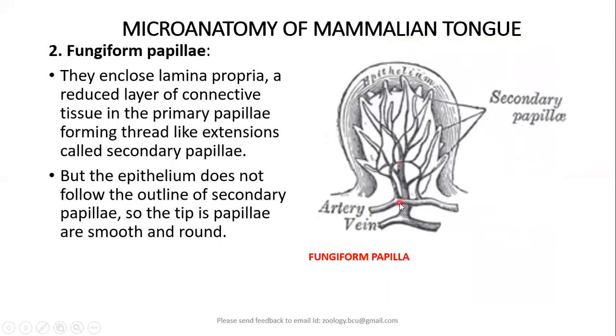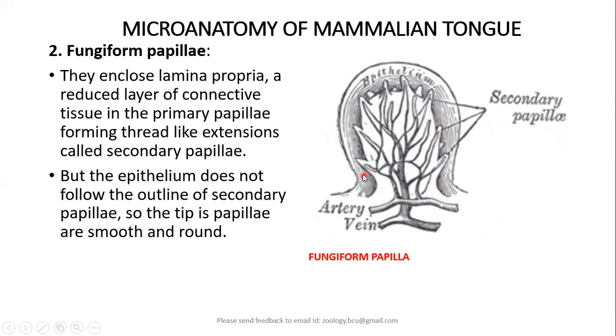So proceeding further, each fungiform papilla also encloses lamina propria, a reduced layer of connective tissue which is found in the lumen of the primary papilla. But here also we see the primary papilla forming thread-like or finger-like projections called the secondary papilla.